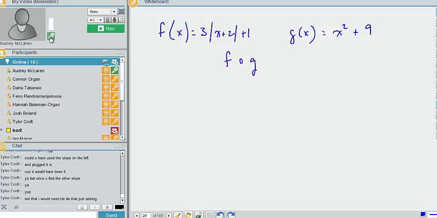Try it. I'll give you a couple of minutes. Again, I'll do it up here, so only look if you're stuck or done.